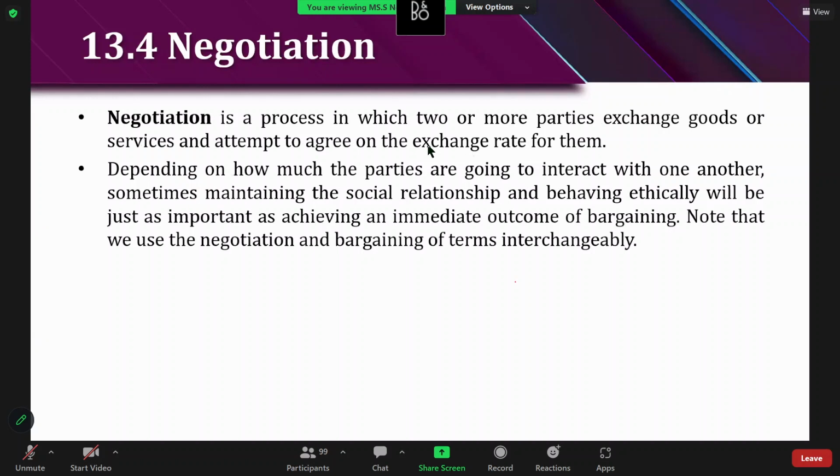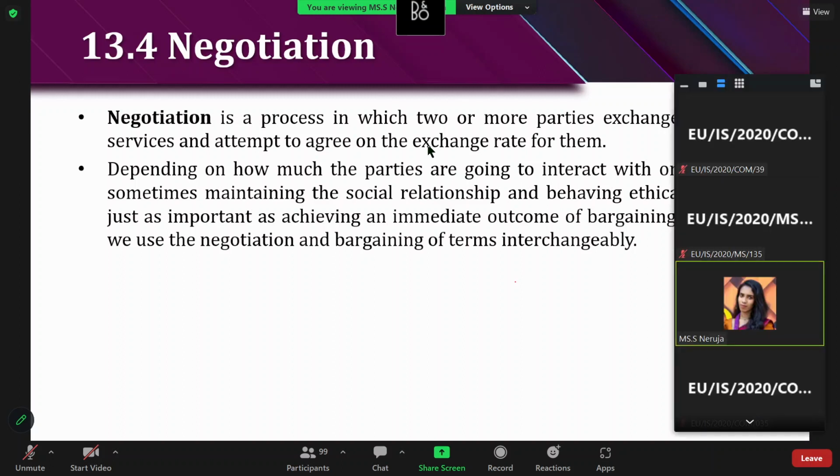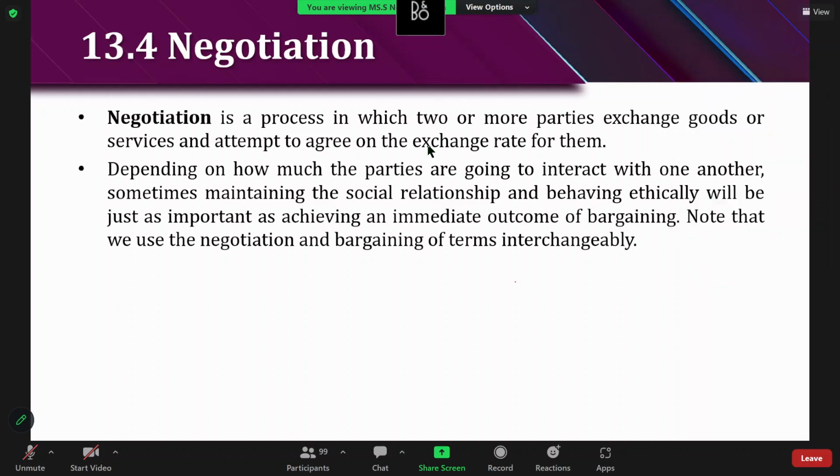So if I give 3 units of my product, what amount of money will you give me? Depending on how much the parties are going to interact with one another, sometimes maintaining the social relationship and behaving ethically will be just as important as achieving the immediate outcome of bargaining.